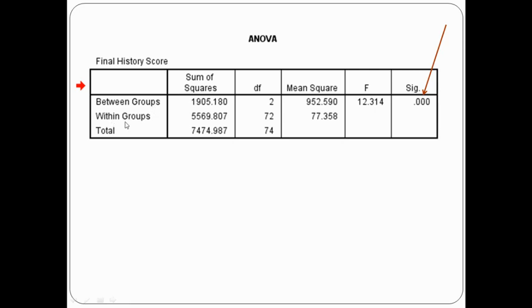However, within groups refer to noise or errors or something that naturally happens. As you can see in this particular study, the systematic impact is big, but the noise is small. This is the systematic impact. This is the noise, it is small. That is why the F value is big and the P value is very small.